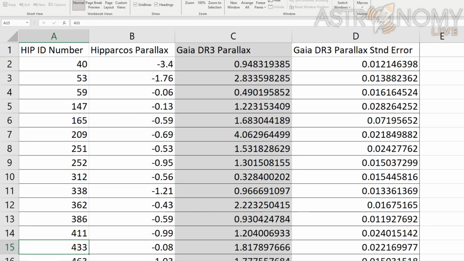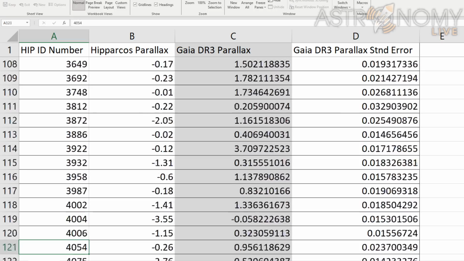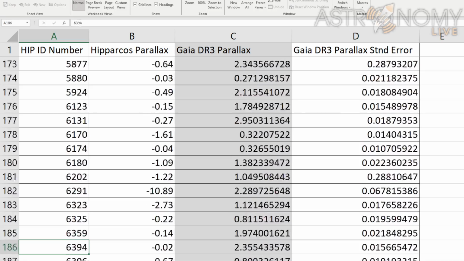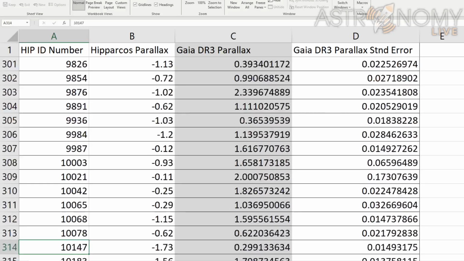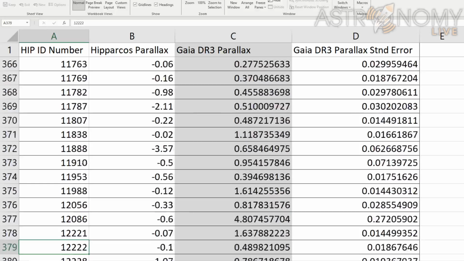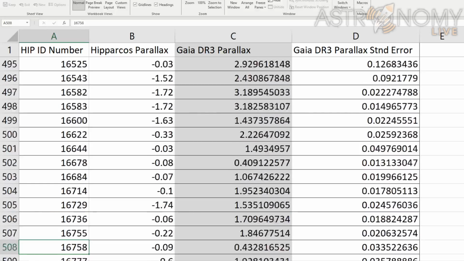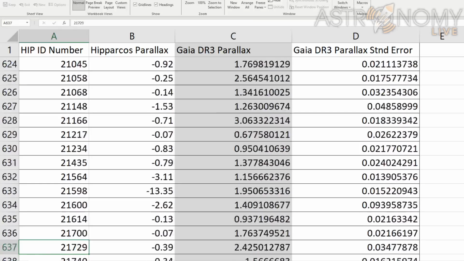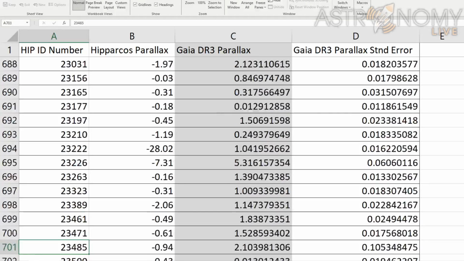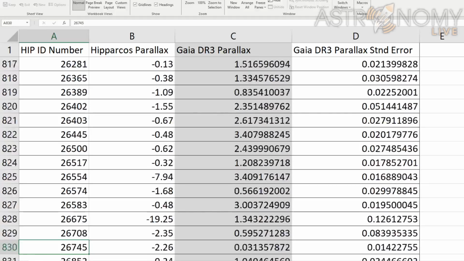Unfortunately for the flat earthers, when we look up the stars that had negative parallax in the original Hipparcos catalog and find them in the Gaia DR3 data release, we find that 99.5% of them now have positive parallax. And of the 0.5% that continue to show negative parallax in the DR3 data release, their standard error is 4 times larger than the stars that now have positive parallax, indicating that it is simply measurement error.